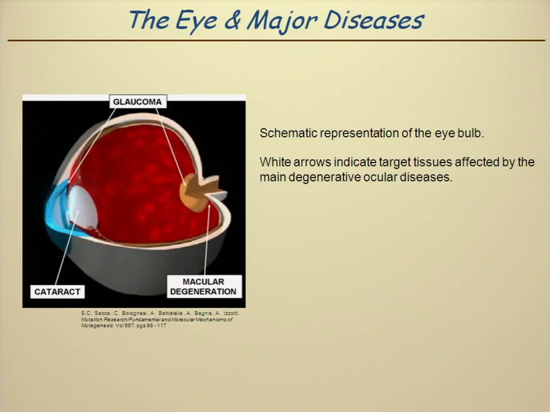Glaucoma straddles the front of the eye where pressure can build up because of an outflow obstruction of fluid, and that pressure, for reasons that are rather indecipherable still at the moment, ultimately affects the optic nerve, which contains the axons of the 100 million rod and cone photoreceptors in the retina. And then macular degeneration, which is the scourge of vision.